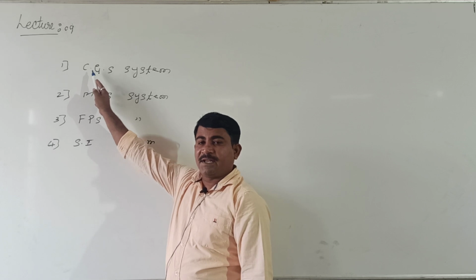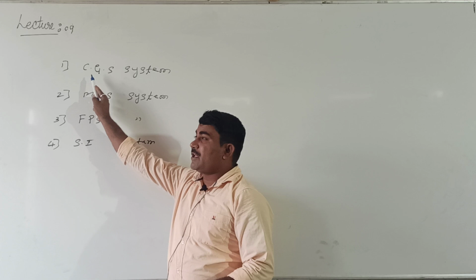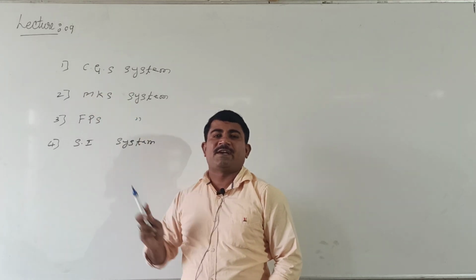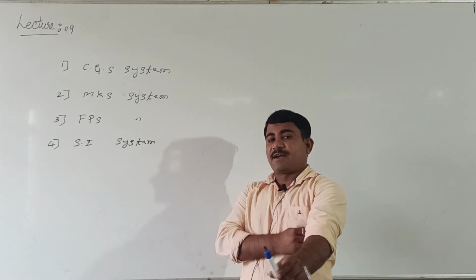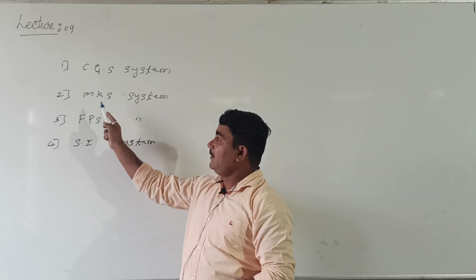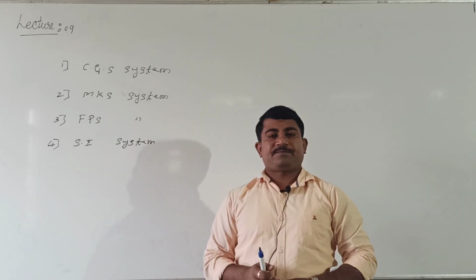CGS means centimeter gram second. Length is measured in centimeter, mass is measured in gram, time is measured in second in CGS system. Right? In MKS system, MKS means meter kilogram second.